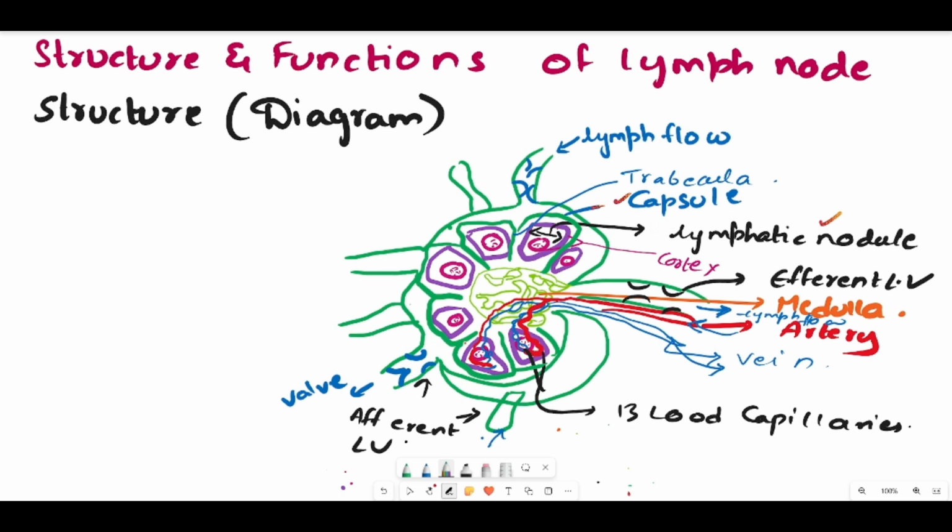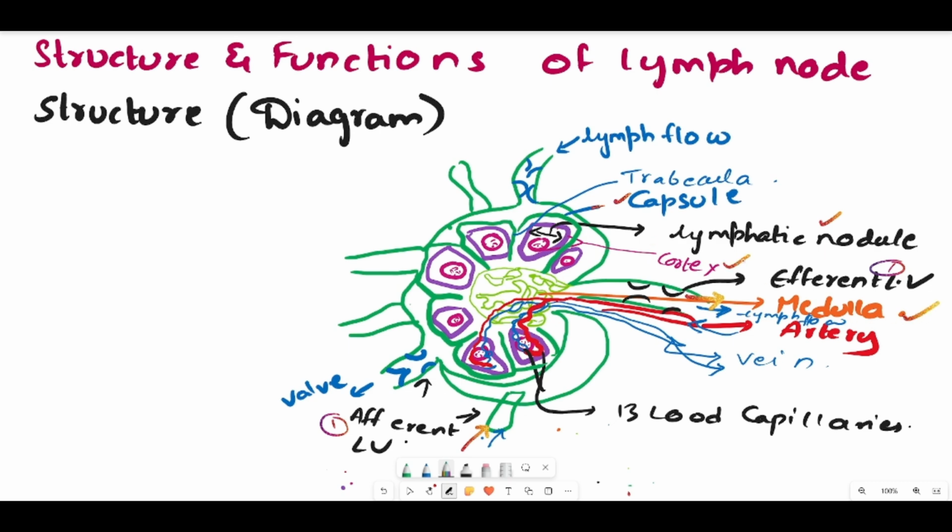And there are two lymphatic vessels here, one afferent, one efferent. The only difference is, in the afferent lymphatic vessel the flow is towards inside, and in the efferent lymphatic vessel the flow is towards outside. And the innermost part we call the medulla.